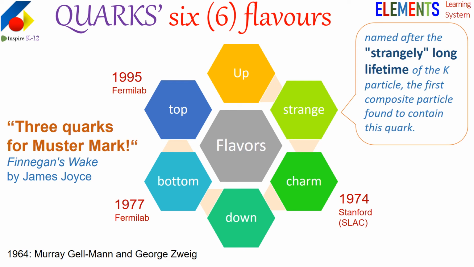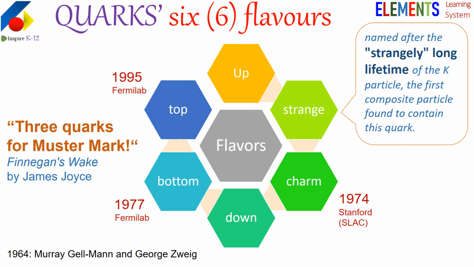The names came not from any specific relations, but just for the sake of naming them. For example, strange came from the strangely long lifetime of the K particle, the first composite particle found to contain the strange quark. So it just got the name strange from this. So that's a little bit of the history of the quark, how it was named.